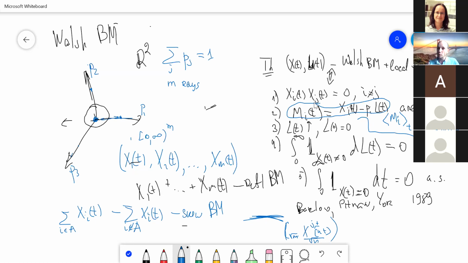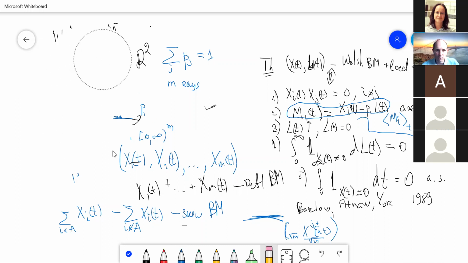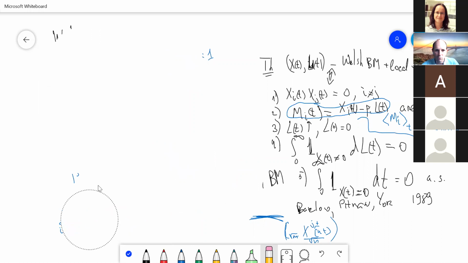The most difficult problem is to write what is the analog of these martingales. Let me just give you the analog of martingales.